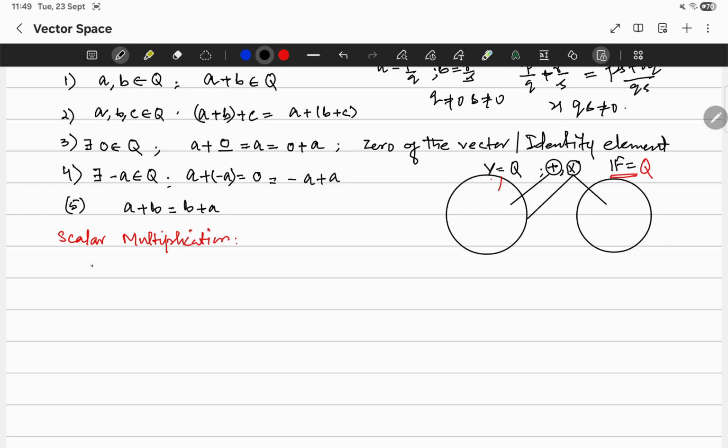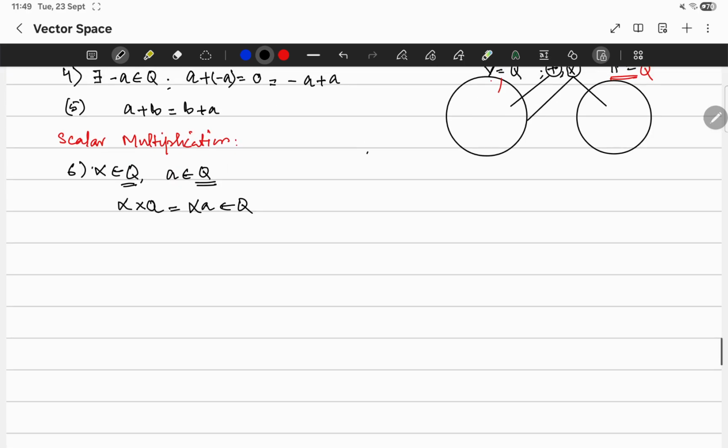So let's take any element alpha from the field, here it is Q, and take any element a from Q, because this V is Q; here it is V, here it is F. So alpha times a, because the second operation is our usual multiplication, is alpha of a. Multiplication of two rational numbers is again a rational number. For example, alpha will be p by q and a will be r by s, so it will be pr divided by qs.